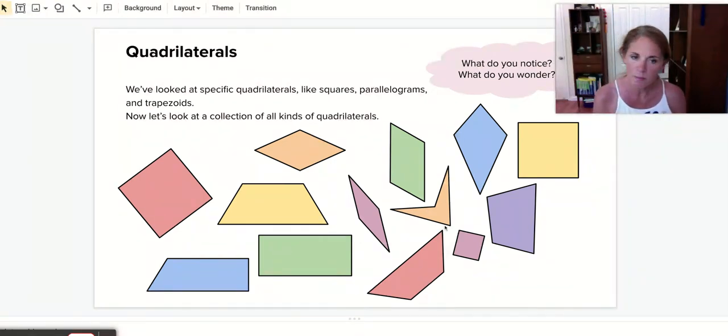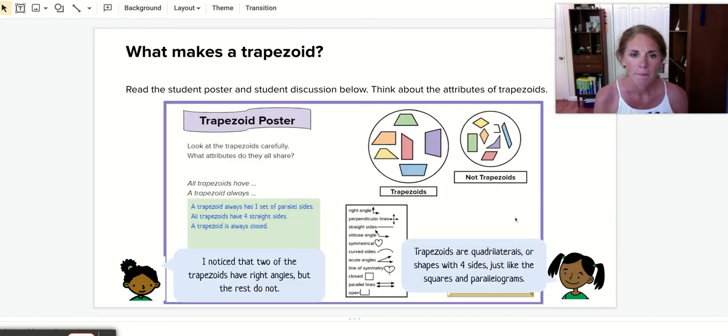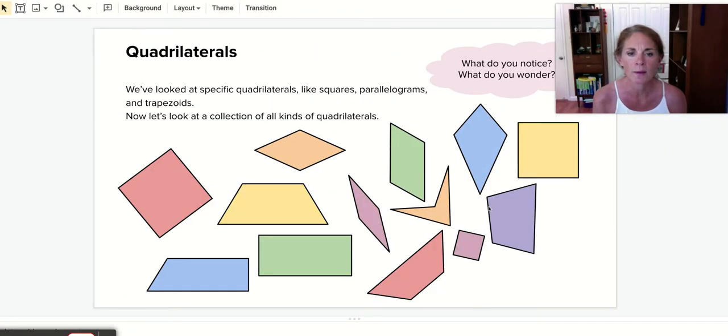It's not a parallelogram because it doesn't have any parallel sides. It's not a trapezoid. There's always one set of parallel lines. Definitely not that. So this is just a quadrilateral. What else do you notice?